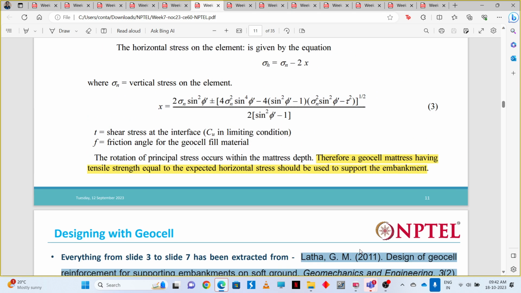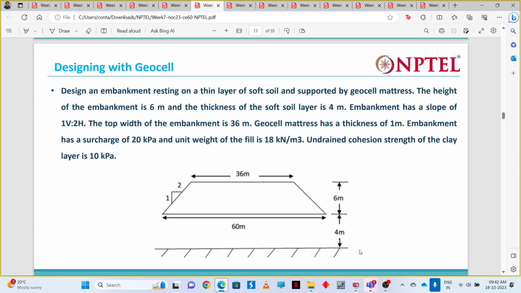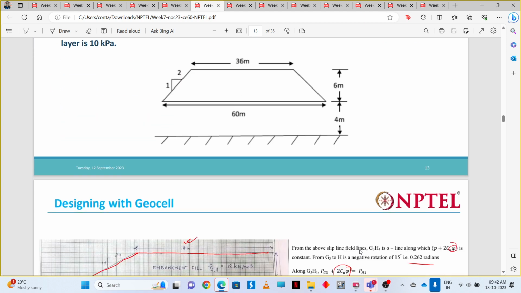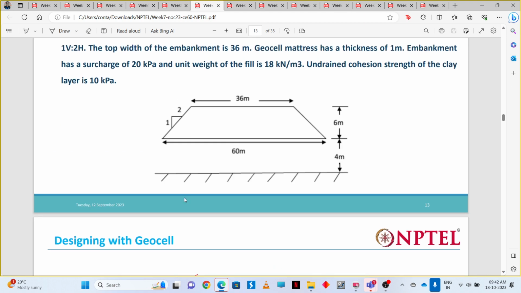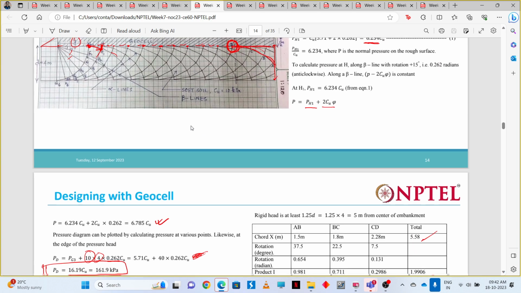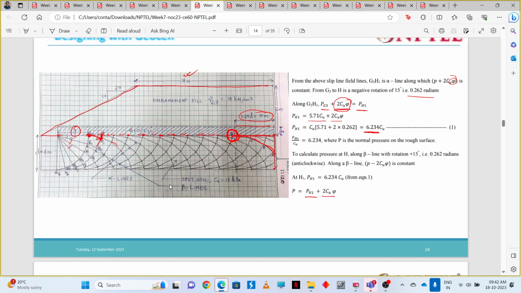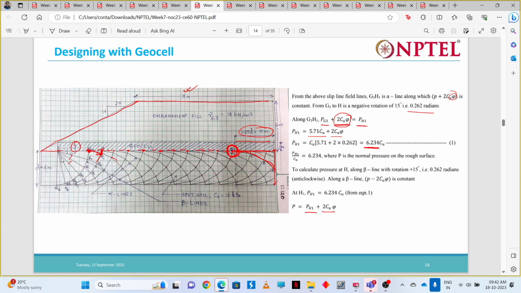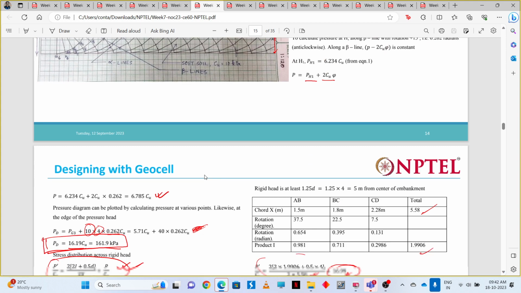All other methods of how we can design with geocell are also discussed. Then we discussed this problem which was given in the class, how to determine from the slip line how we can design with the geocell.